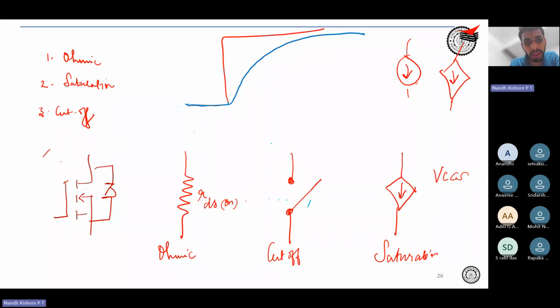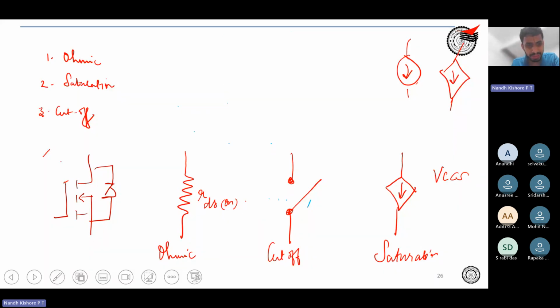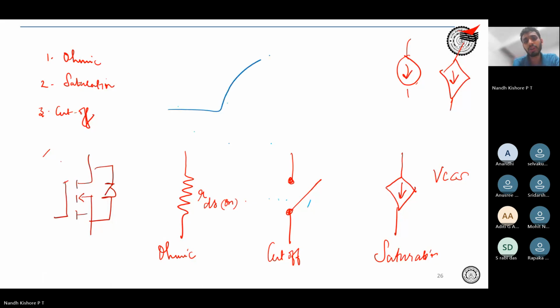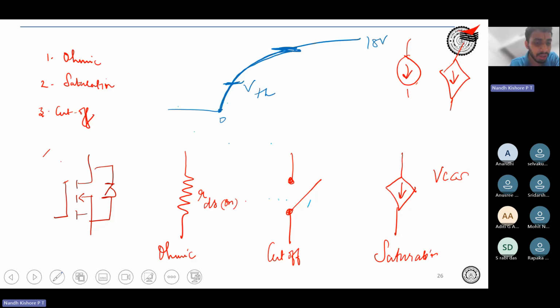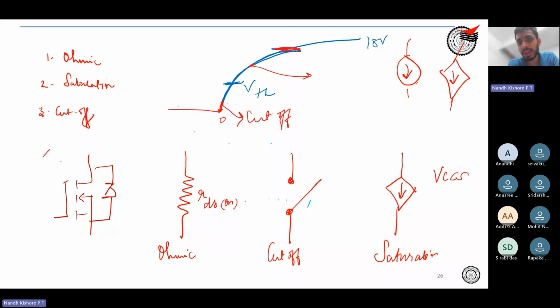So this is 0, this is your V threshold, and let's say this is 18 volts. From 0 to V threshold, the device is in cutoff region, and from V threshold to some point, the device will be in saturation region.